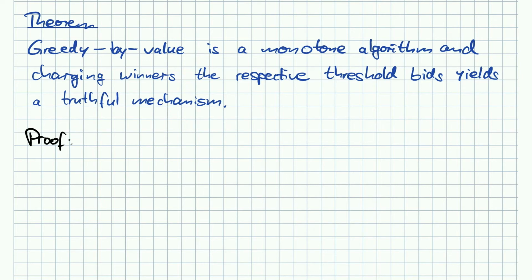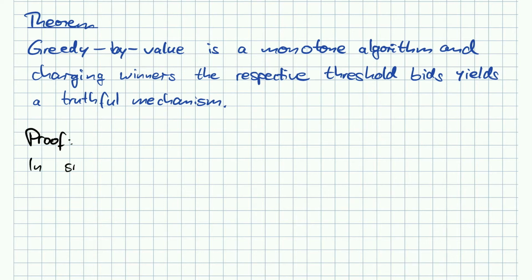The first thing I'd like to talk about is monotonicity. And something we haven't yet talked about is how this is actually a single parameter problem. How would we capture this in the notation of Myerson's lemma? We could write this as follows.